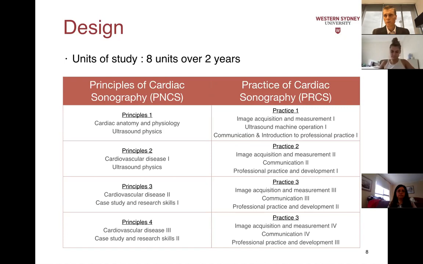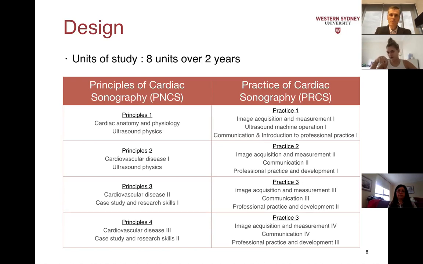The practice, well, as the name suggests, the practical elements. Now, that's not to say that the two are meant to be separate. Again, the design is such that the principles and practice units are meant to have some overlap.